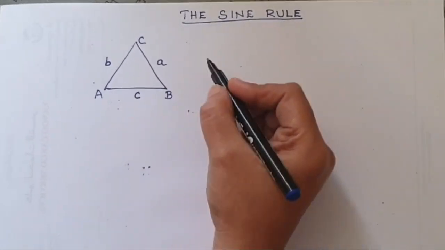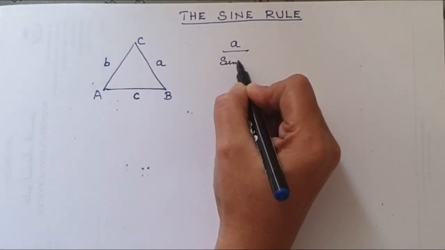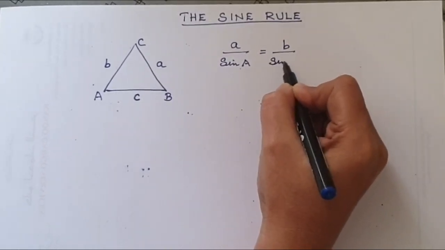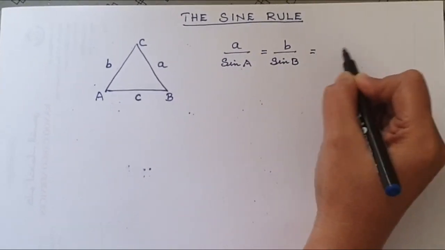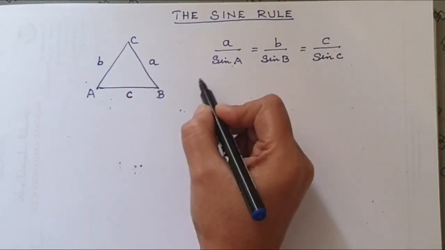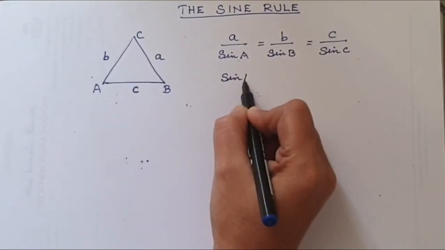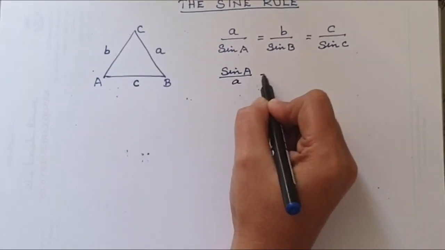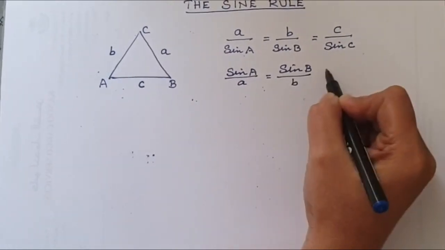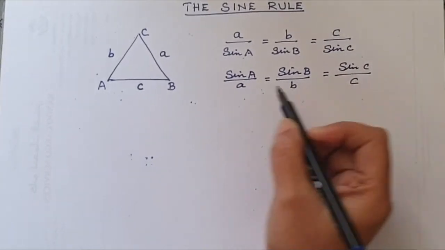Now, the sine rule states that a by sine A equals b by sine B equals c over sine C. This can also be flipped and written as sine A over a equals sine B over b equals sine C over c.